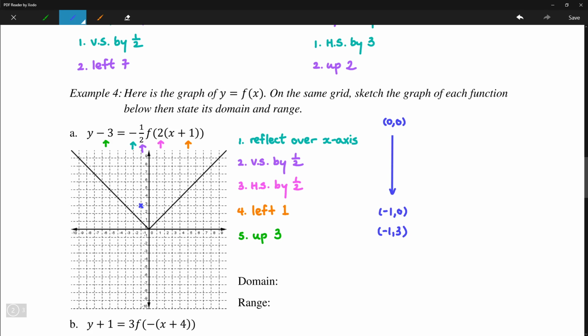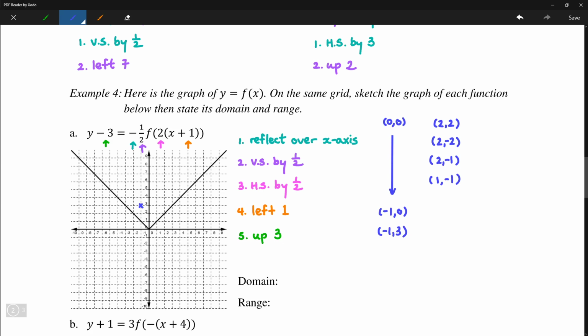Let's look at the next point. Let's try 2, 2. Reflect over the x-axis. That would take us to 2, negative 2. Vertical stretch by 1/2, so that would be 2, negative 1. Horizontal stretch by 1/2, so 1, negative 1.